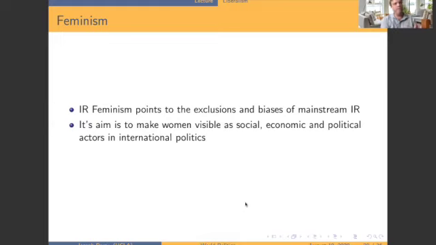According to some views of feminism, the world would be a more peaceful place if women had a greater role in domestic and international affairs. This is the view that is shared by so-called realist and liberal feminists.